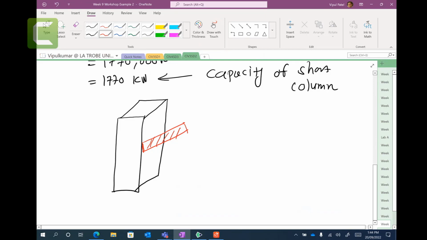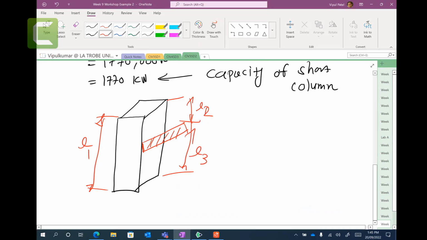You can imagine that this column has a restraint here, but if you want to bend here, there is nothing. The full length is that. So this is the effective length. Sometimes you might have different lengths, let's say length L1, this is also L1, but here this is your L2 and L3.